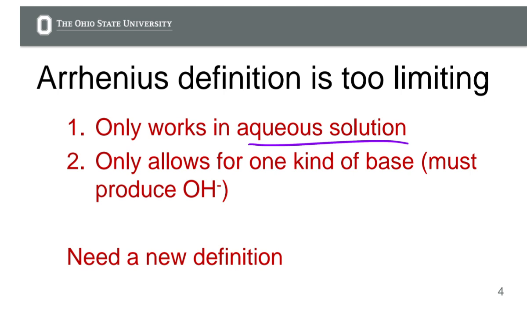But moving along in your life as chemists, however far you go, you're going to see other types of solutions, and you're going to need different definitions for acids and bases so that you can apply those in different situations, different solutions. And it only allows for one type of base, so it has to produce hydroxide. And there are other types of bases that exist. Okay? So we need a new definition.